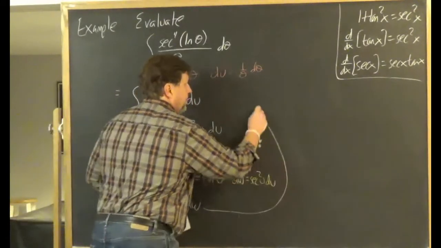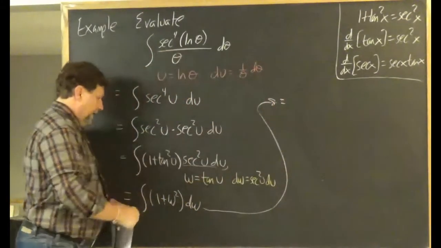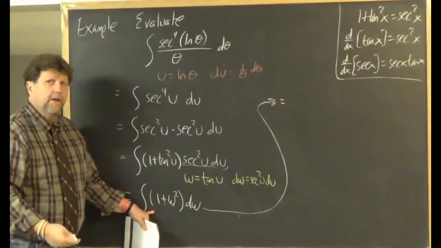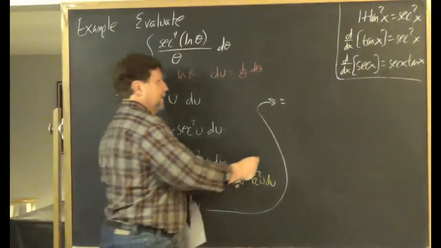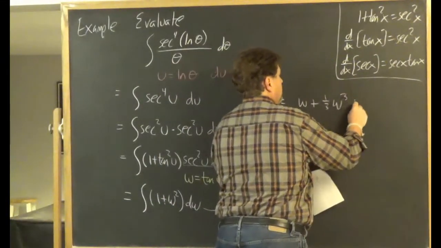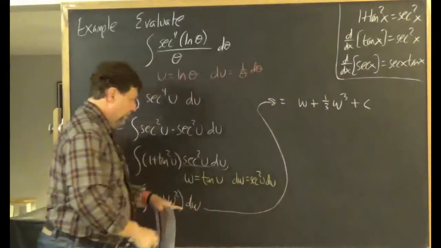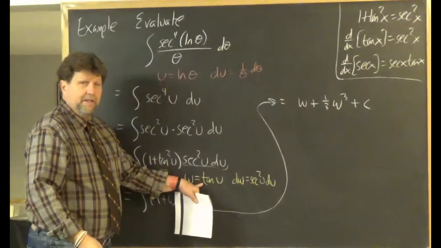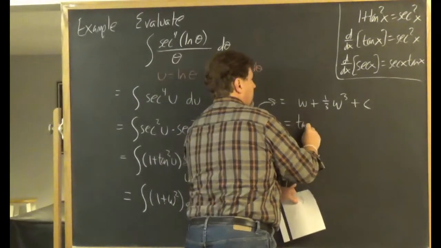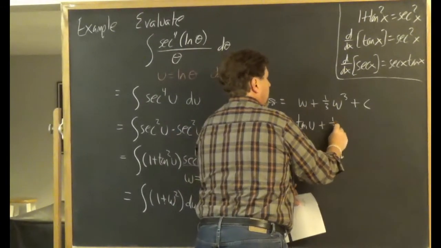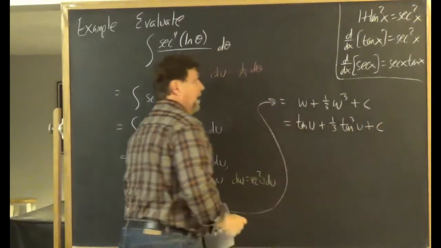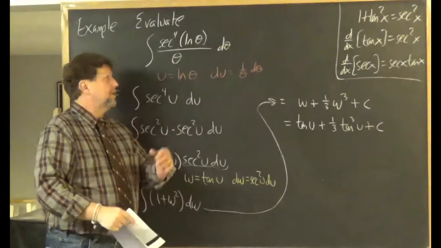Let me pull it up here. So when I get an antiderivative, I'll get w plus 1/3 w cubed. Okay, I resubstitute my w, which is tangent u, so I put tangent u in for the w. And now I need to resubstitute for my u.